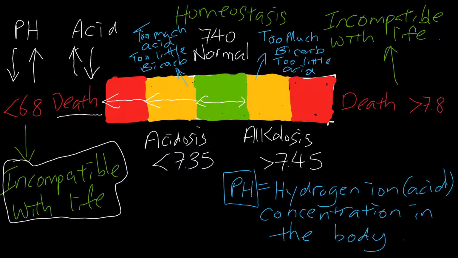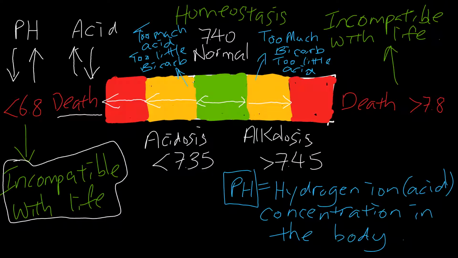Likewise, if the pH continues to increase, when there is too much bicarb or too little acid in the body, then if the pH reaches 7.45 or greater and it's not corrected, the body will go into an alkalotic state.